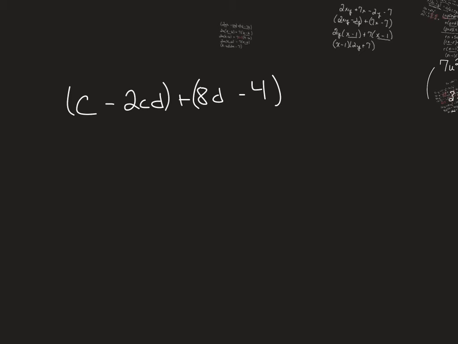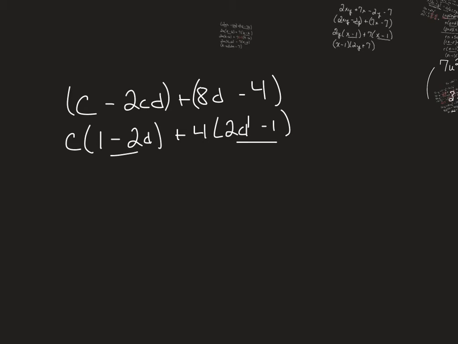First grouping, c is common. c divided by c is 1, minus 2cd divided by c is 2d. Here, 4 is common to both, so if I factor out a 4, I'm left with 2d minus 1. Notice, almost the same, but not quite.